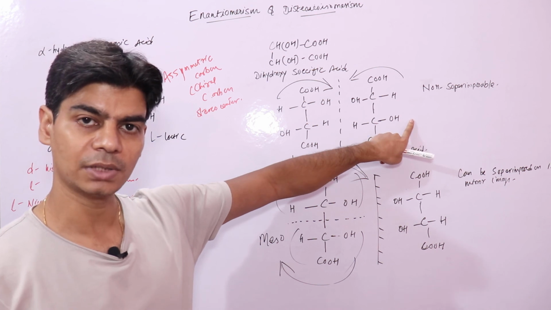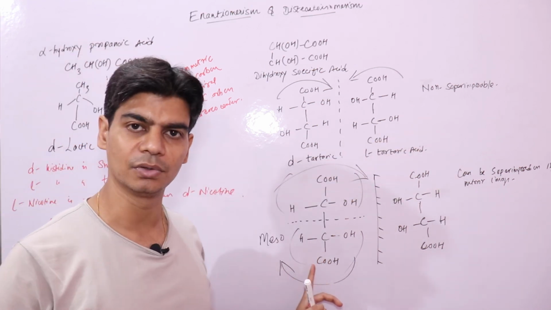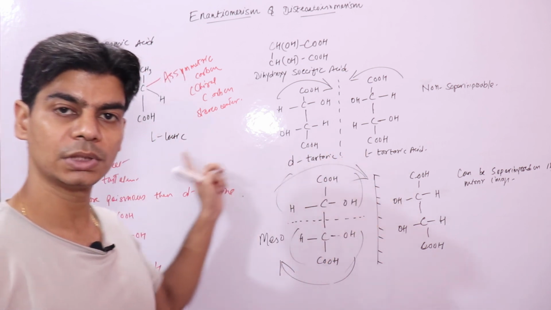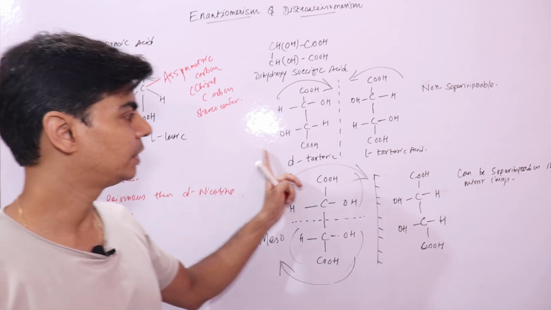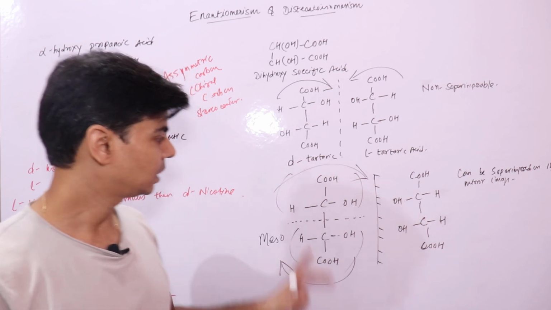Similarly, L-tartaric acid and meso-tartaric acid are diastereomers. So remember, diastereomers are the opposite of enantiomers. Enantiomers are mirror images of one another, whereas diastereomers are not mirror images of one another. I hope this is clear.